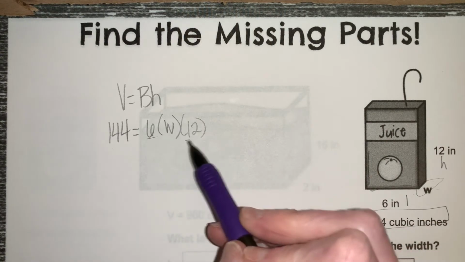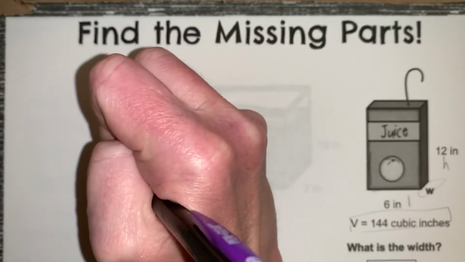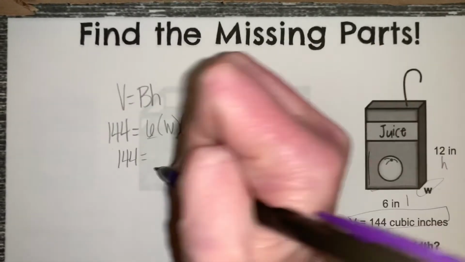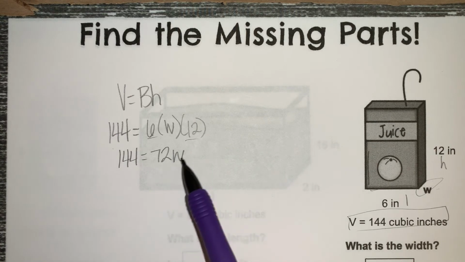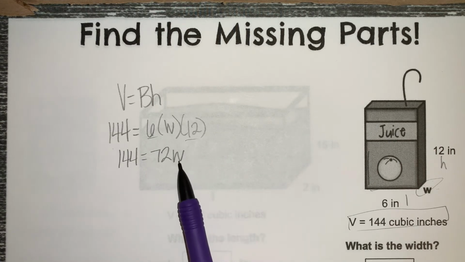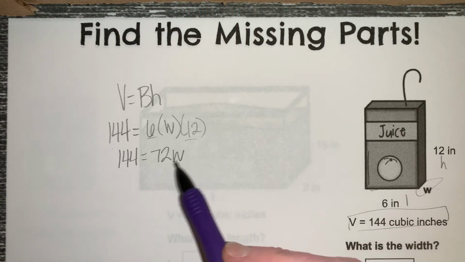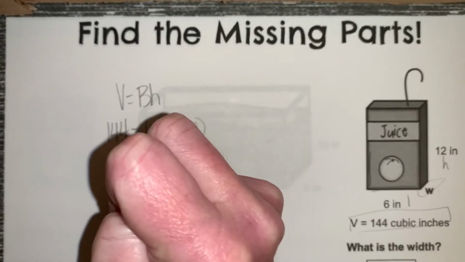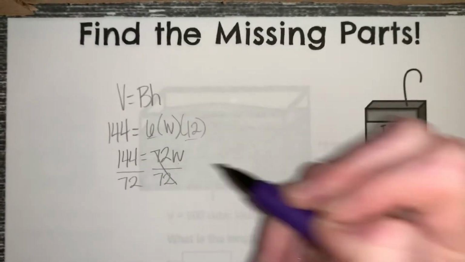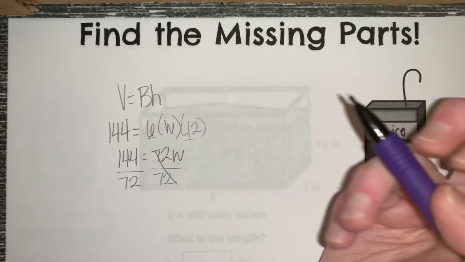So we're going to go ahead and multiply 6 times 12, which is 72. So now we know that 72 times W has to equal 144. We're going to solve the equation. We're going to isolate the variable. To get the W by itself, we need to divide, because this is multiplication, both sides by 72. 72's cancel each other out.